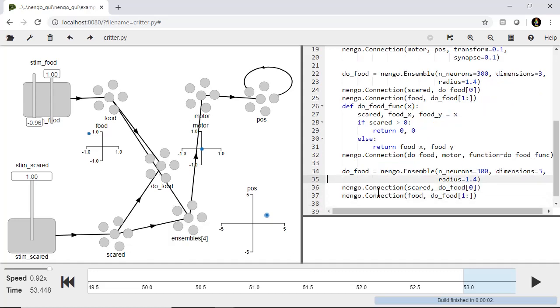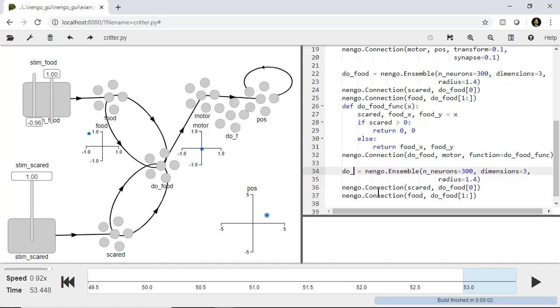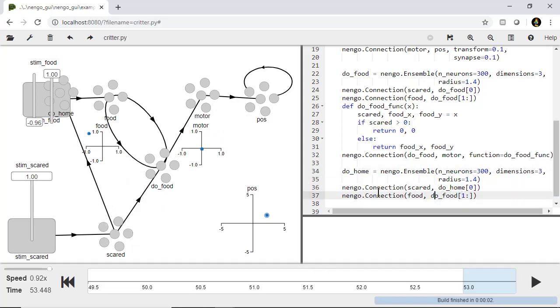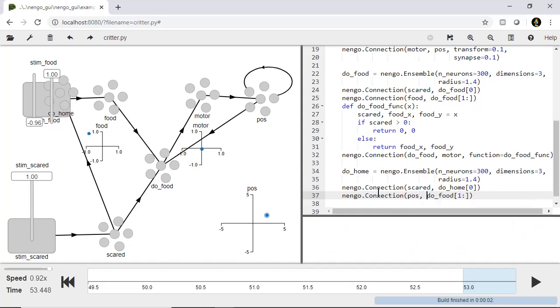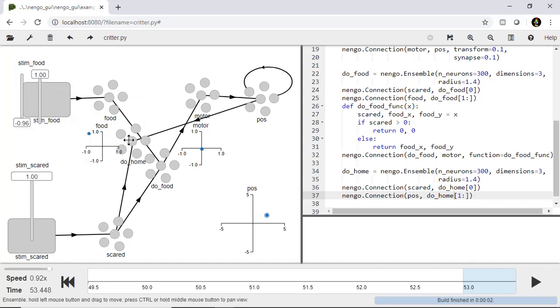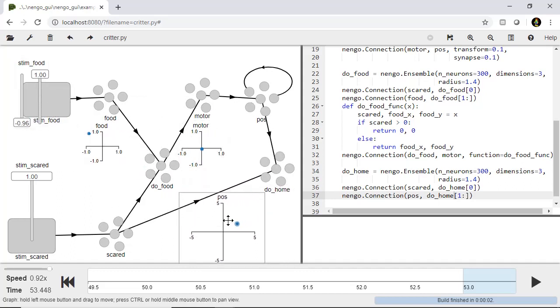We're going to say do home. I'm scared to do home. And we don't care about the food information, we care about the position information. That's what's going to go in. Oh, whoops, and that should be good to do home. There we are. This is our position.